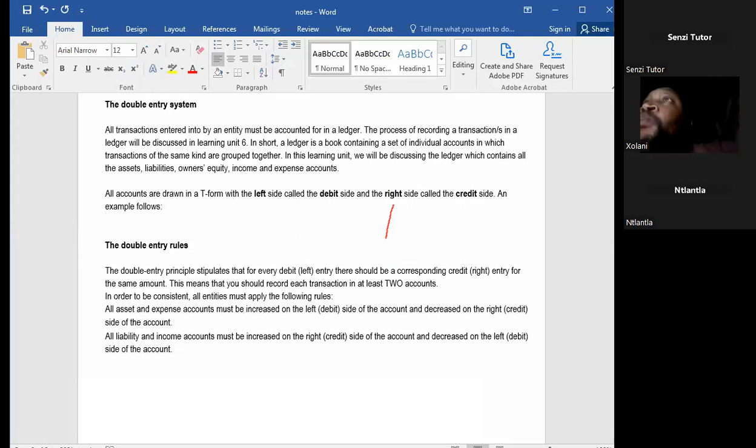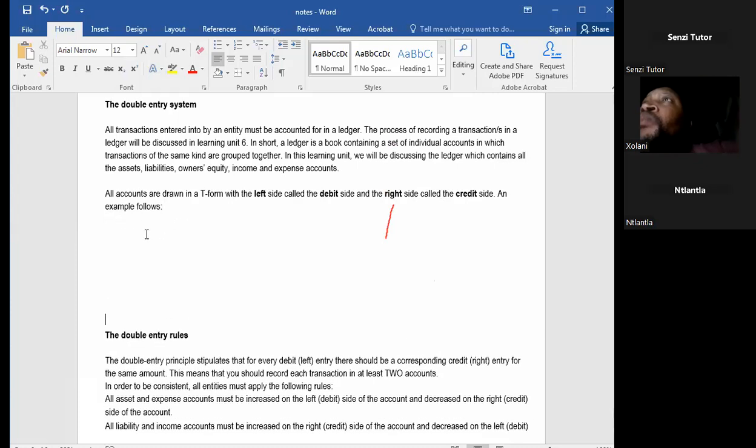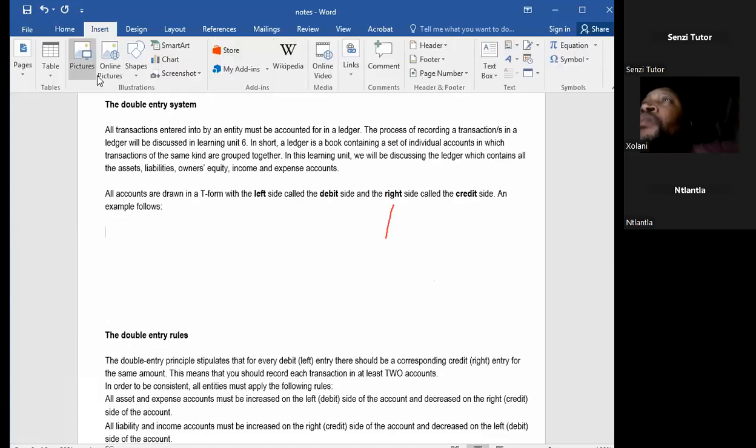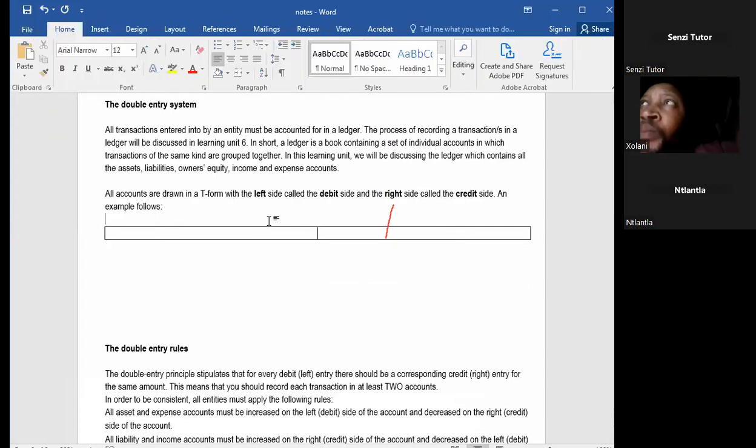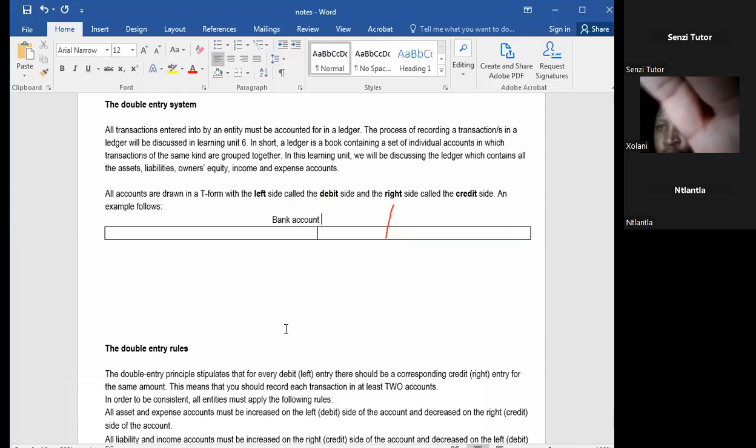Let me just draw that particular account. For example, we have a business account, a bank account. Here is a bank account, guys.